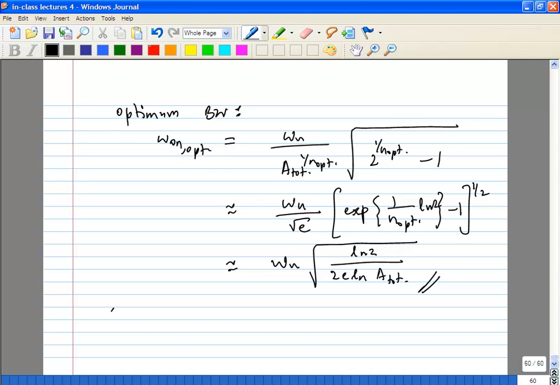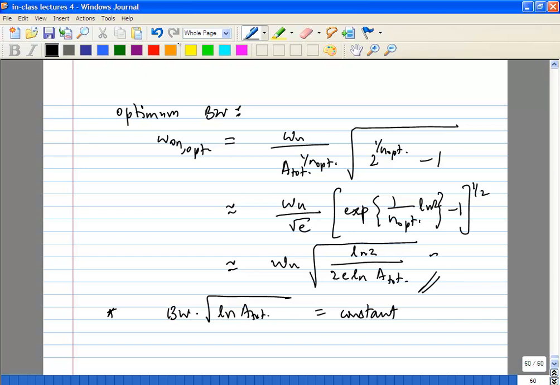The first thing you notice is, remember, for a single stage amplifier the gain bandwidth product was constant. Here what you actually have is bandwidth times root of ln of A tot, which is the constant, because once you choose omega u, everything else is just constants.